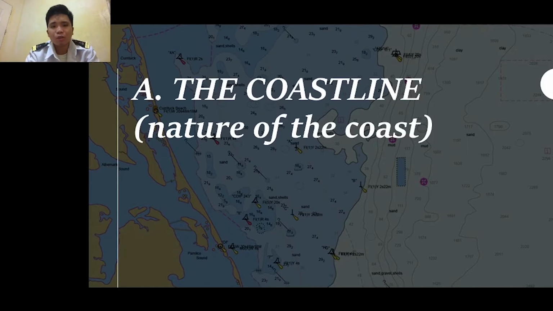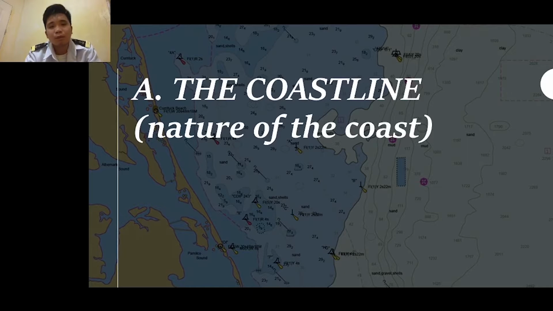And it is important that we know these symbols and abbreviations, because these can be aids to navigation that will benefit our voyage, or we could avoid these symbols because they bring hazard and danger to our vessel.